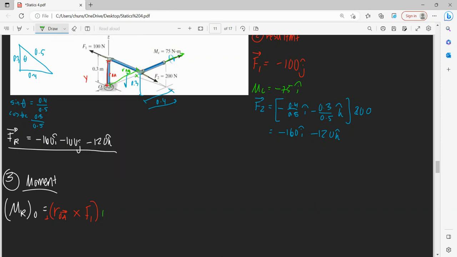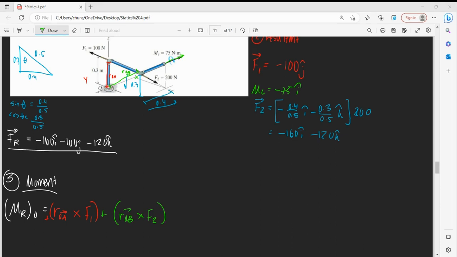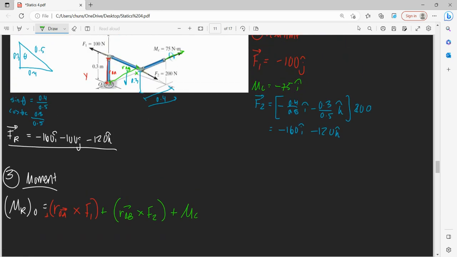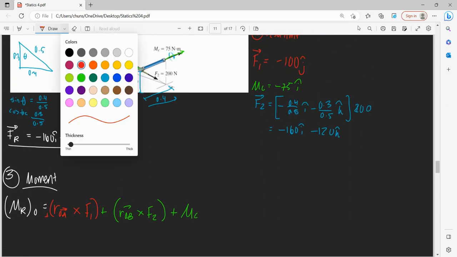And then we're going to add our OB position vector times F2 force, as well as our moment MC that was given over here. So let's do just that.